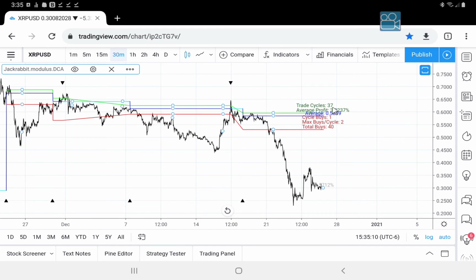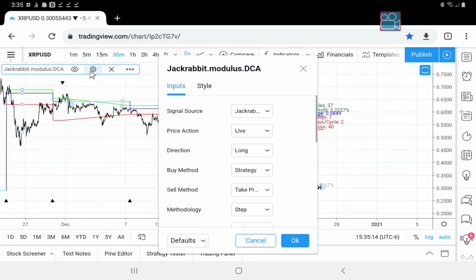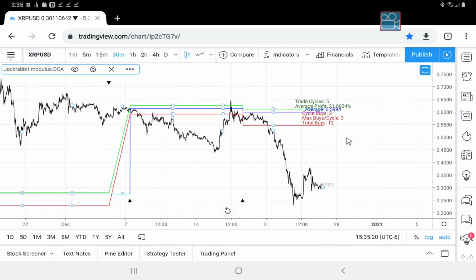Here we have 37 trade cycles for a take profit. Here we have significantly less for the take profit. So again, a give and trade. 55% or almost 80% based upon take profit.